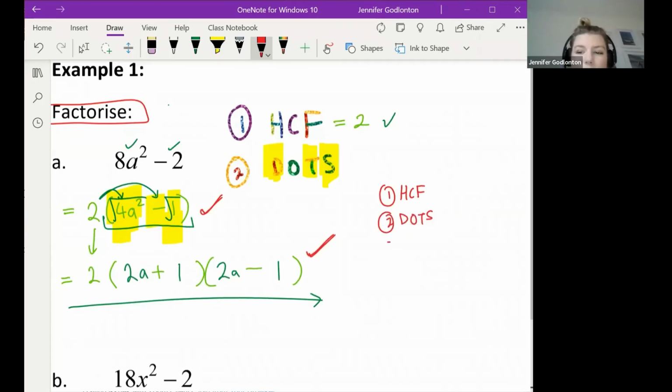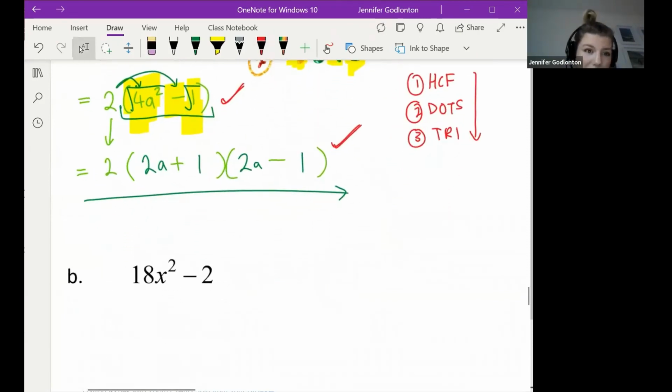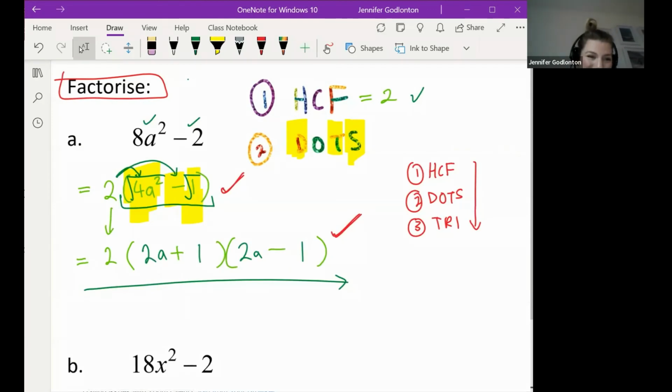If you can't, we're soon going to learn about trinomials. This is the hierarchy order. So you start at the top and work your way down to see which one you can do. Sometimes you can do more than one, and sometimes only one. Learning which one it is just takes a bit of practice, but you'll get there. Okay, thank you, ma'am.